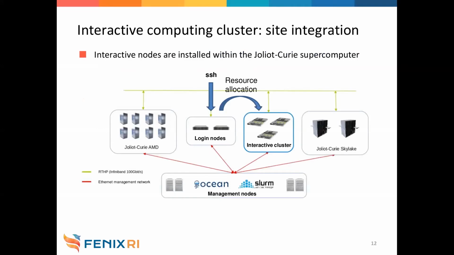This is the big picture of how you can access the interactive compute cluster. When you connect through SSH, you arrive on login nodes. These login nodes are not here to run the computation by themselves, but from these nodes you can allocate resources on the interactive computing cluster.